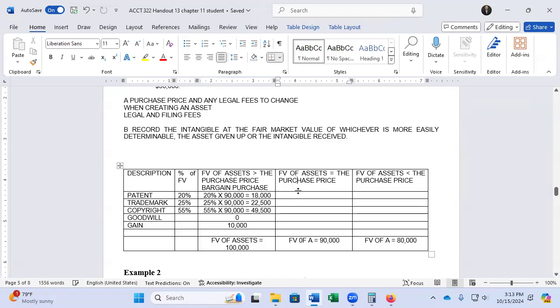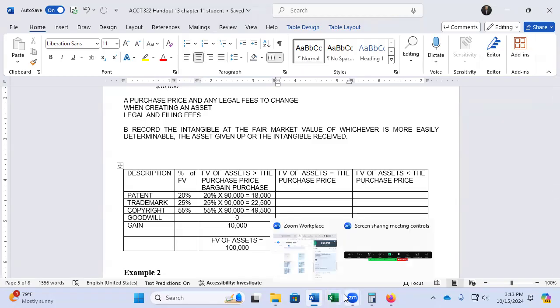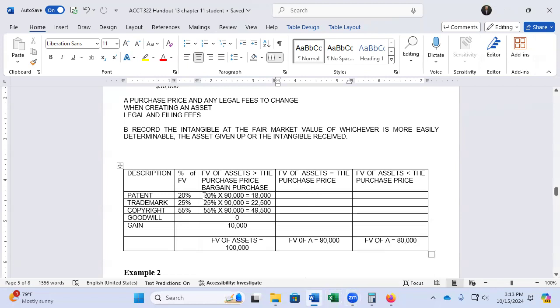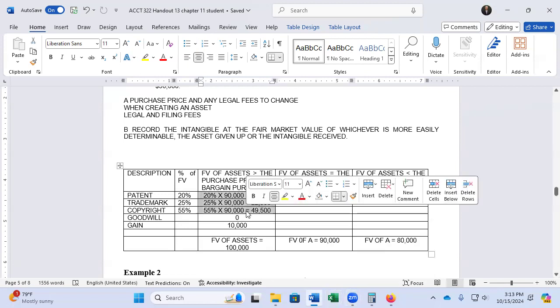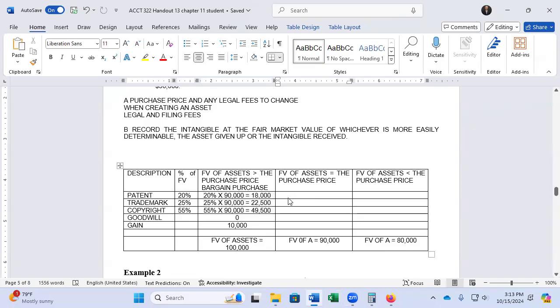Okay, if the fair value equaled 90,000, you would have just this same thing, except you'd have no gain and no goodwill. Now, when the fair value is less, take the 20%, multiply it by 80,000.